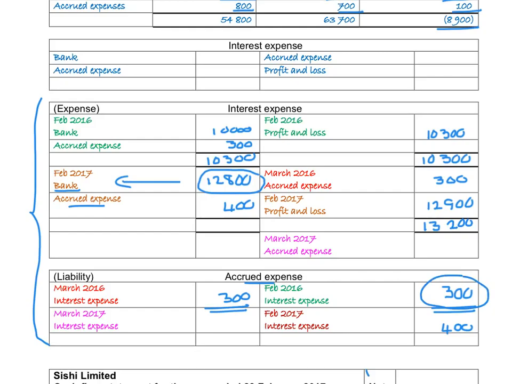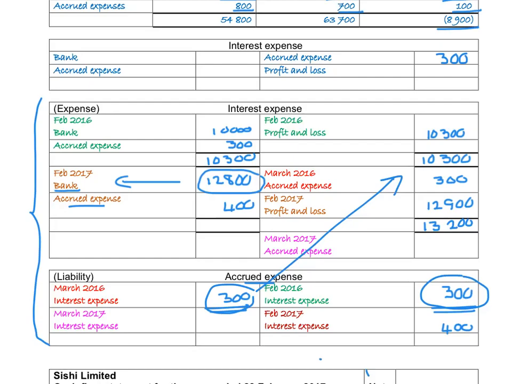To close that account, I had to debit the accrued expense and credit the interest account. So now I know that if there's accrued expense, that credit balance indicating a liability will be reversed on the credit side of my interest expense account. Then I will pay for interest during the year.